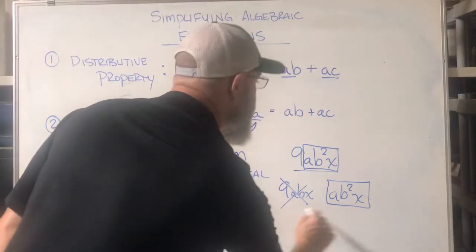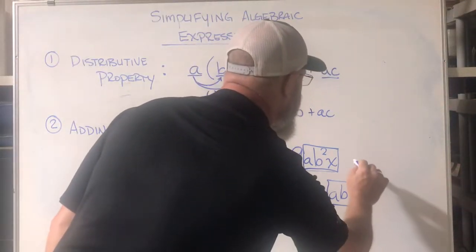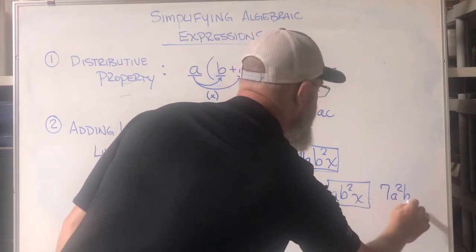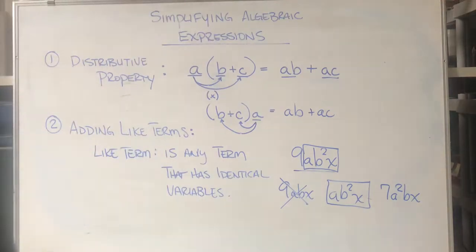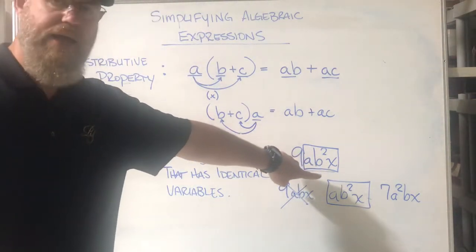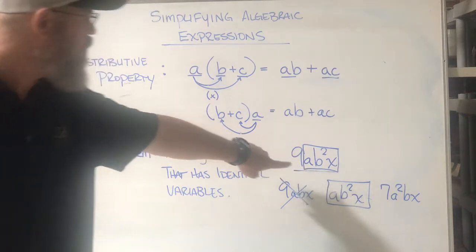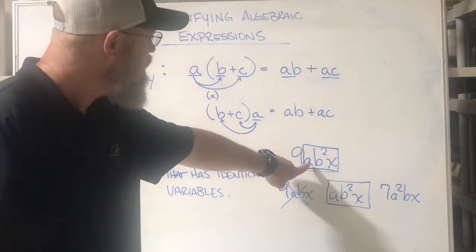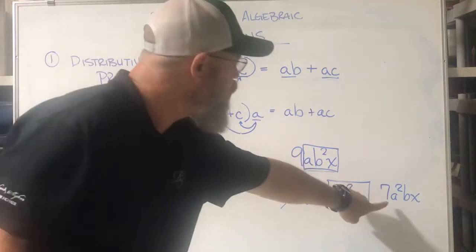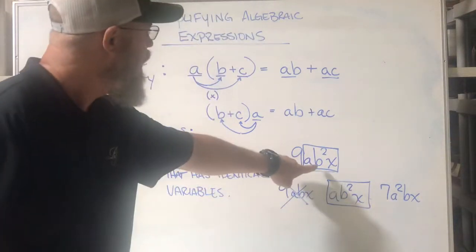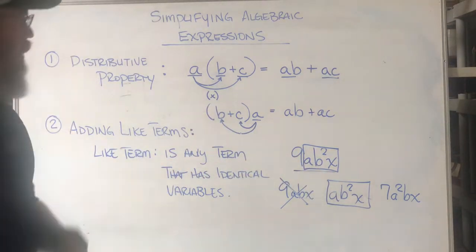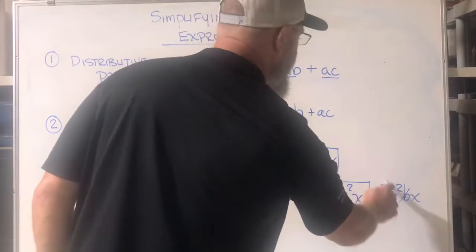Is 7a squared bx a like term to 9ab squared x? No. Even though it has the same variables, it's not identical, because in this one the a is squared and in this one the b is squared. So they are not like terms. Okay? You cannot add those.